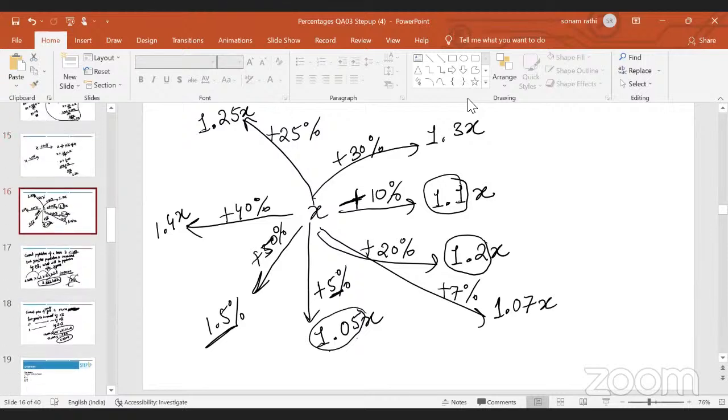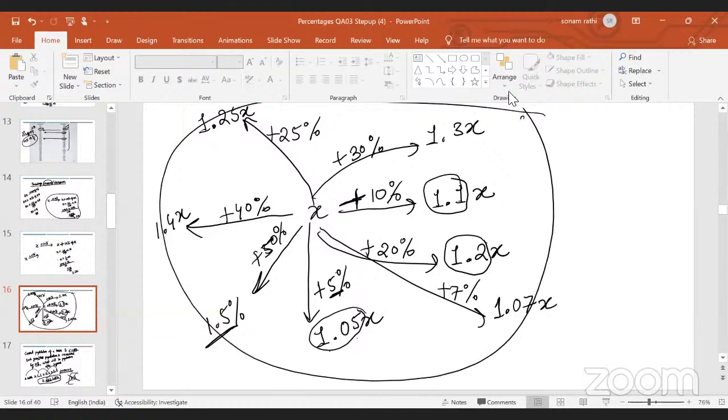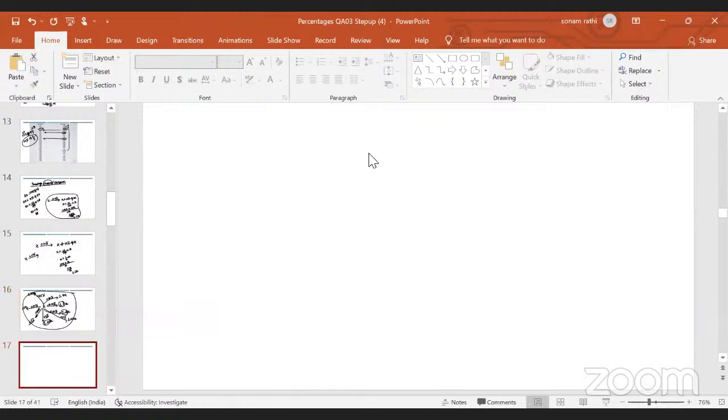Okay. So this was your chart of percentage increase, correct? Everything is increasing in this chart. Okay, now let's look into percentage decrease. So X is a number.